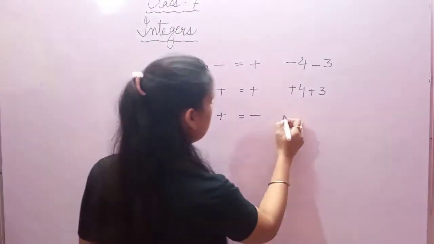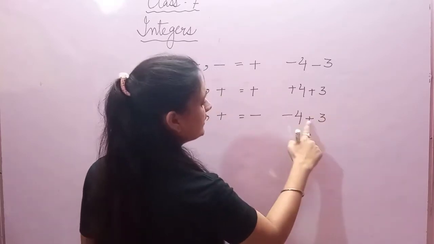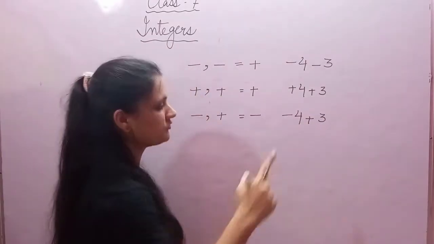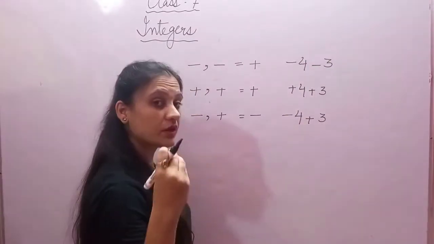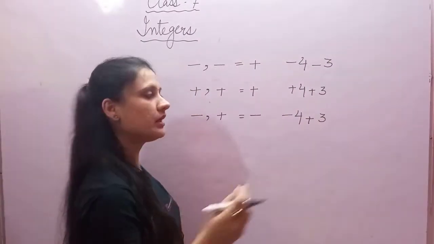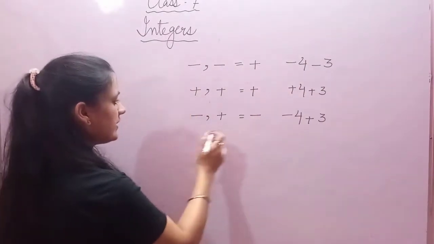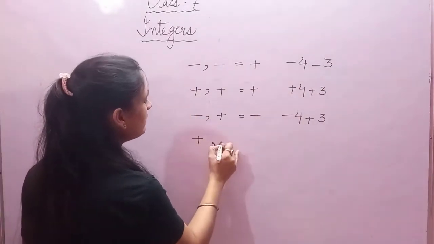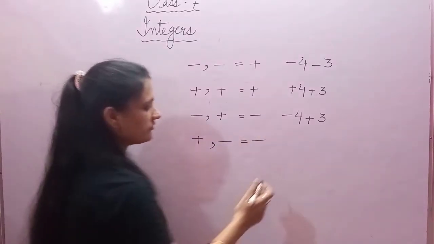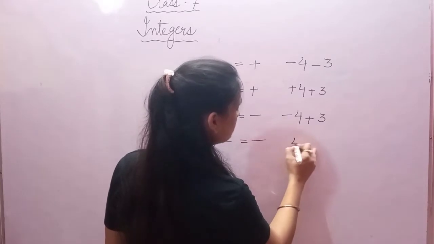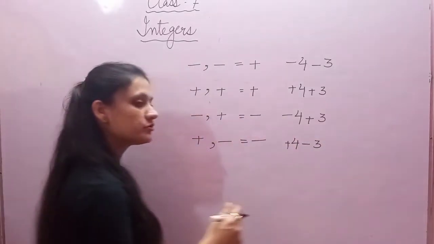For example, minus 4 plus 3, minus plus is minus, so we are going to subtract. I am not applying the operation yet because I will explain one more concept while solving. Next, if one is positive and the other is negative, again we subtract. For example, 4 minus 3.